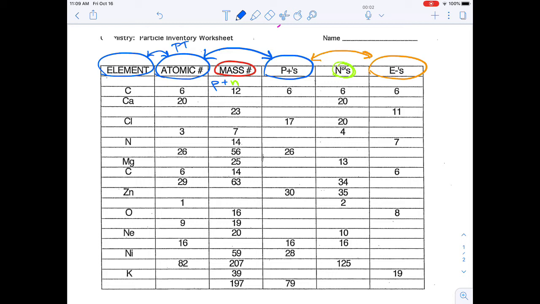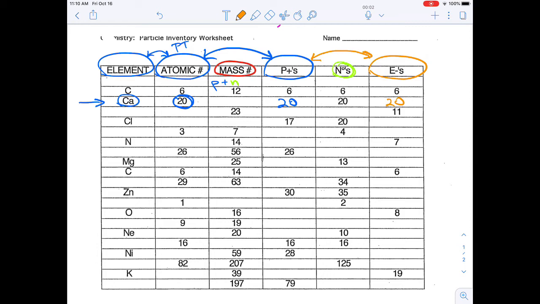In this example, calcium. Well, if you look at the periodic table, calcium has an atomic number of 20, but the sheet already had that. And if I have 20 for the atomic number, that means I have 20 for protons. And that means because I want to be electrically neutral, I must have 20 for electrons.